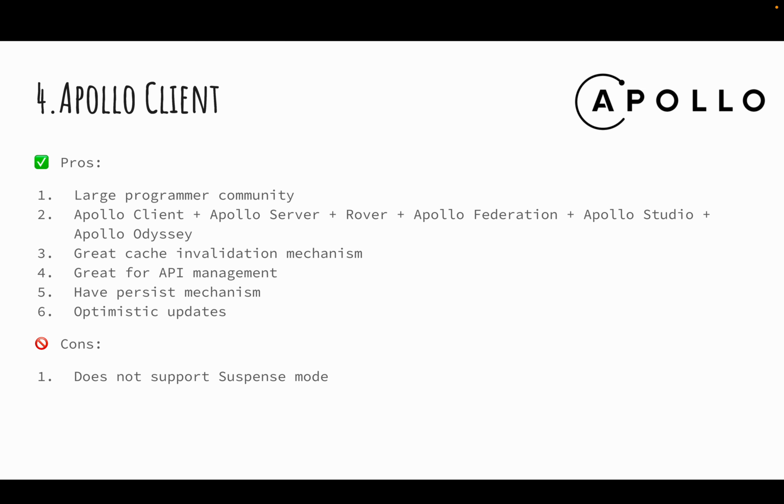And if you are working with GraphQL, you have the great Apollo ecosystem, and you can work really easily, fast, and efficiently with API response management. It has a great cache and validation mechanism. It has a persist mechanism. It has an optimistic updates mechanism. So optimistic updates, what do I mean?